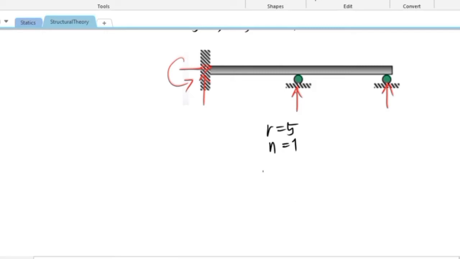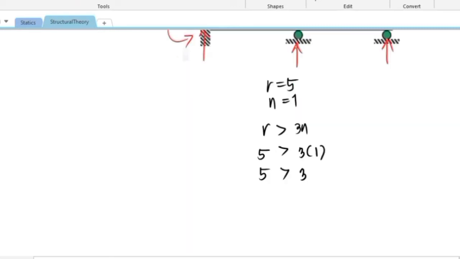It's a relationship between r and the 3n. So r is 5 and this is 3 times 1. So 5 and this is 3, so meaning 5 is greater than 3. So makikita natin dito that this is statically indeterminate.